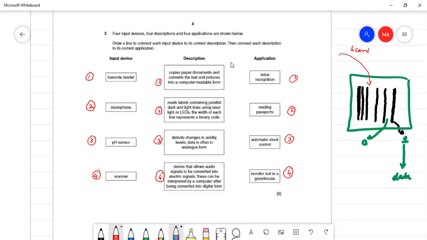when the laser light strikes the dark strip, it will be reflected, and the reflected ray having content or data will be compared with the existing database. If the data is matched with your existing database, then the barcode of a product is valid.